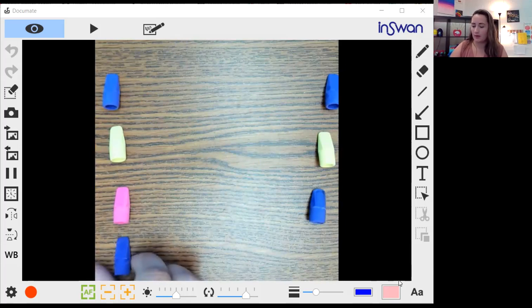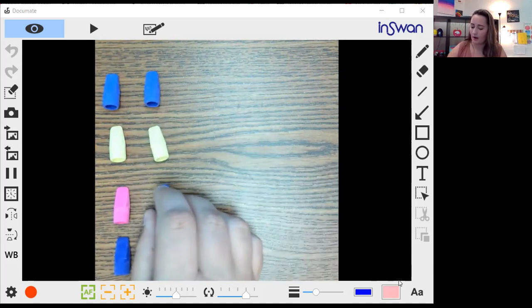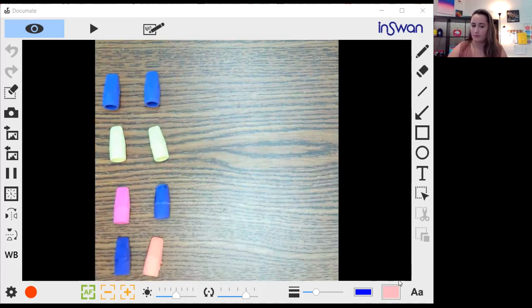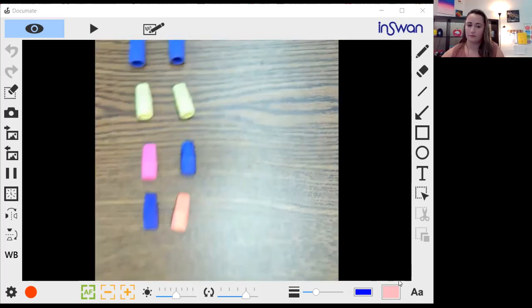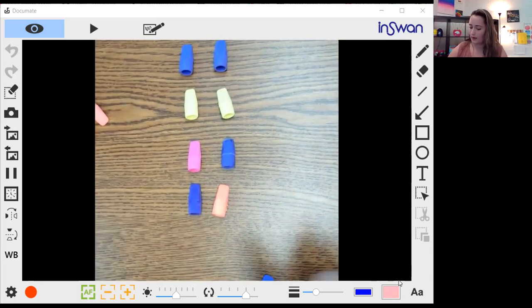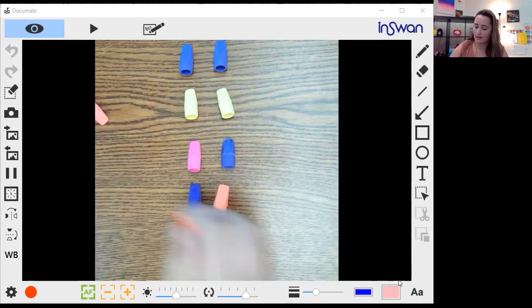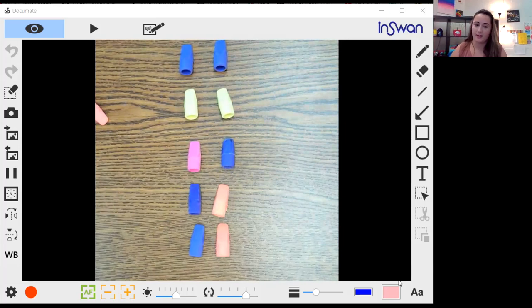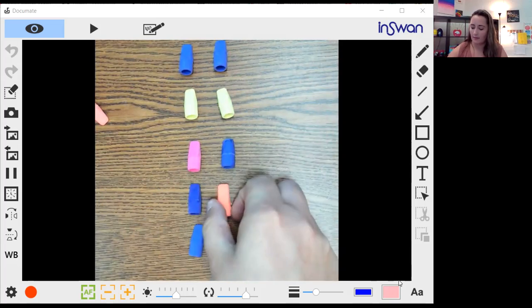So let's keep going and see if 11 will be odd or even. Okay, so we've got 2, 4, 6, 8, 9, 10. If I'm using my inferencing skills and my brain is turned on, I know that 10 is even because all of these erasers have matches.